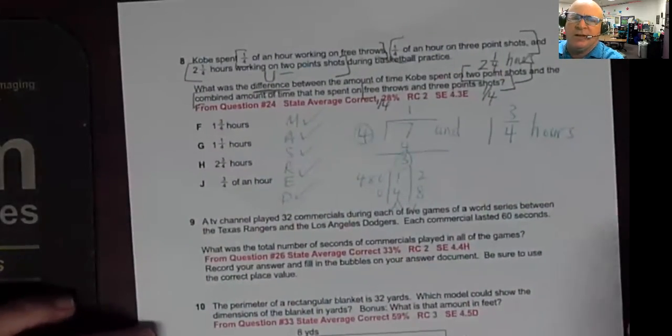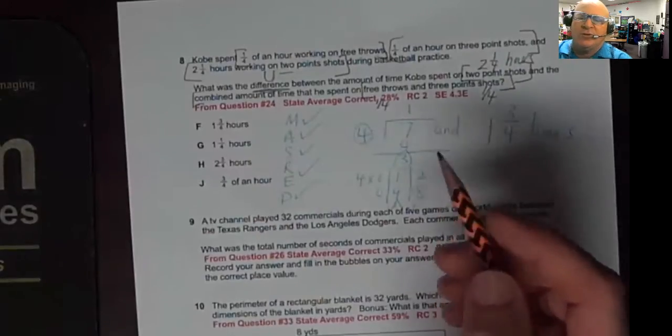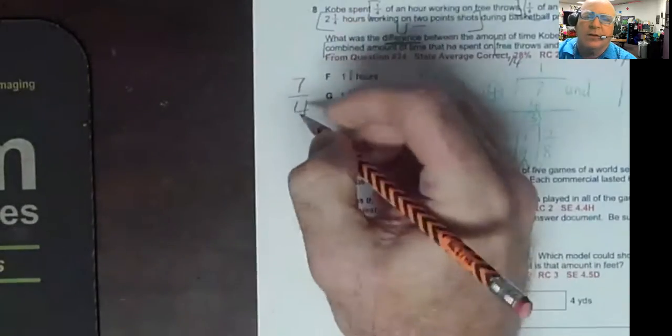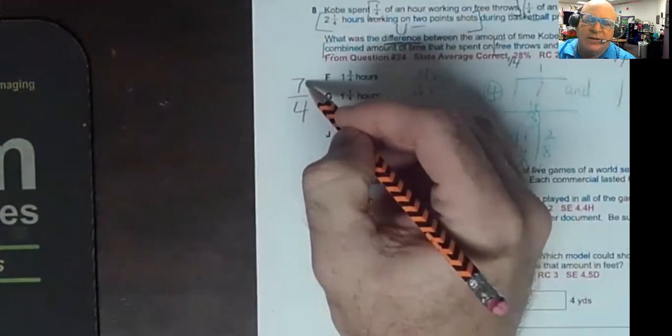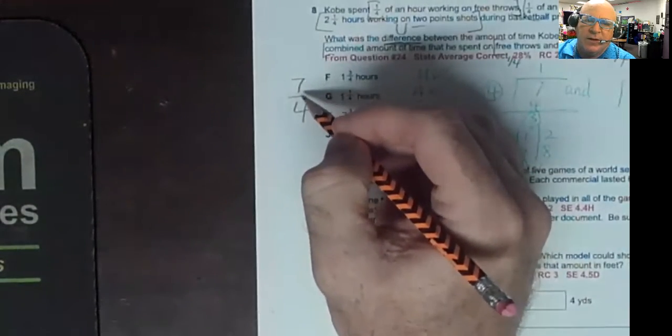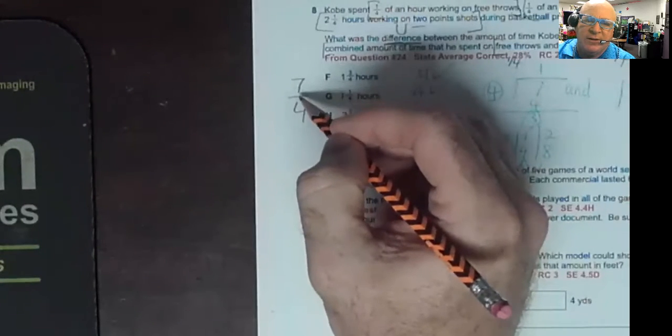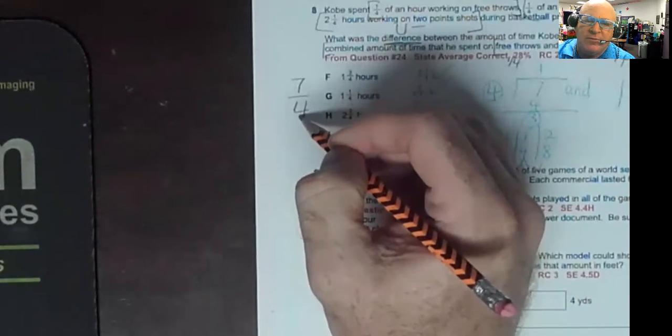And so because the answer that your students got was an improper fraction, I can tell based on the results of 28% that your students didn't know how to take 7/4, the dividend of 7, and divide it by the divisor of 4, the numerator 7 divided by the denominator of 4.